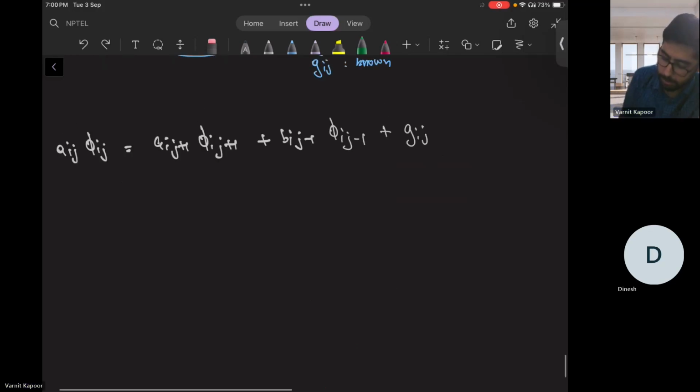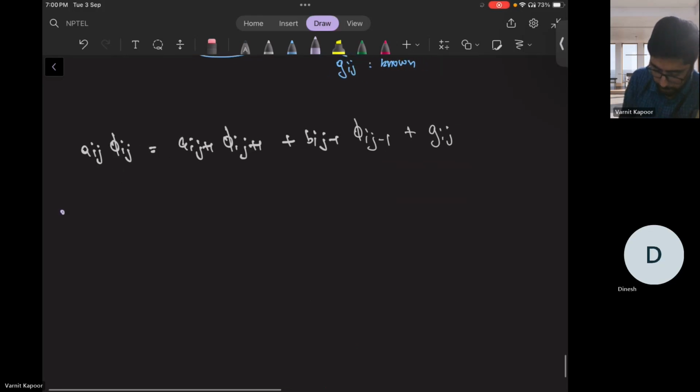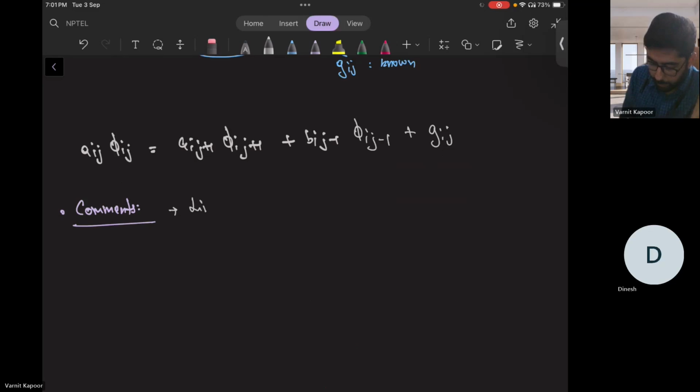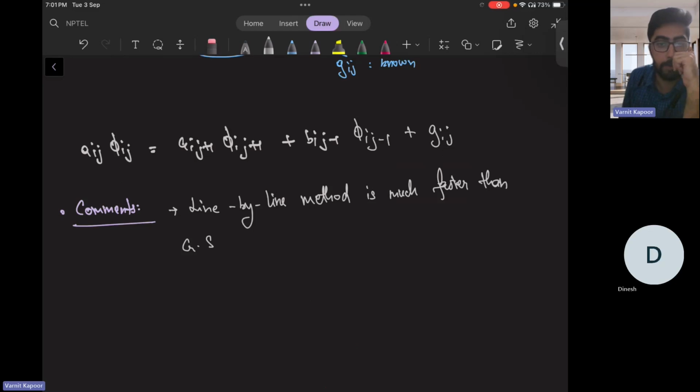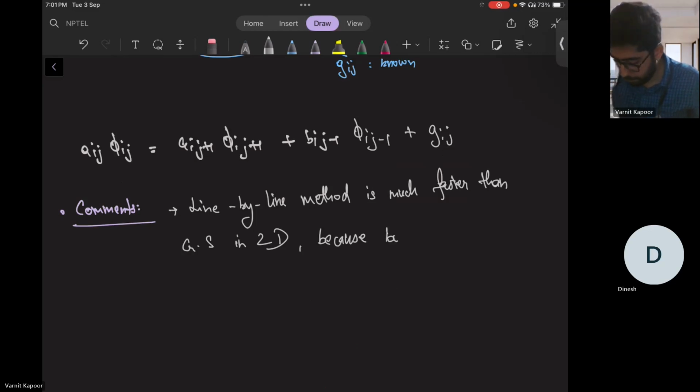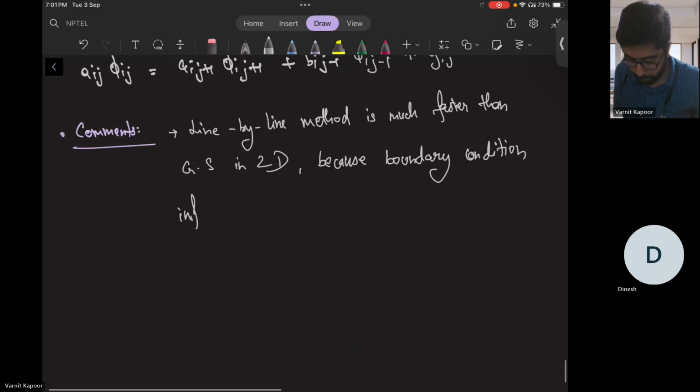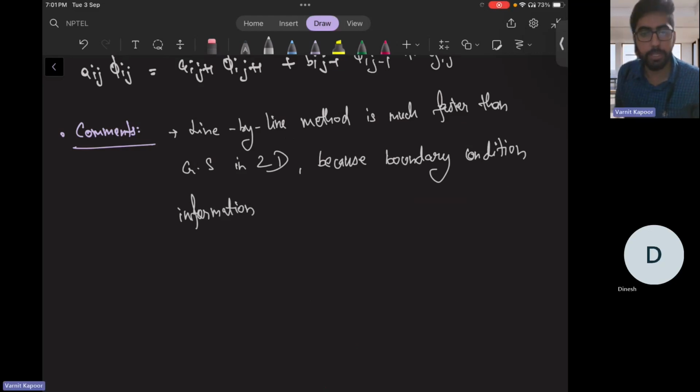Let me write some comments here. Line by line method is much faster than Gauss-Seidel in 2D, because the boundary condition information propagates at once to the interior cells.